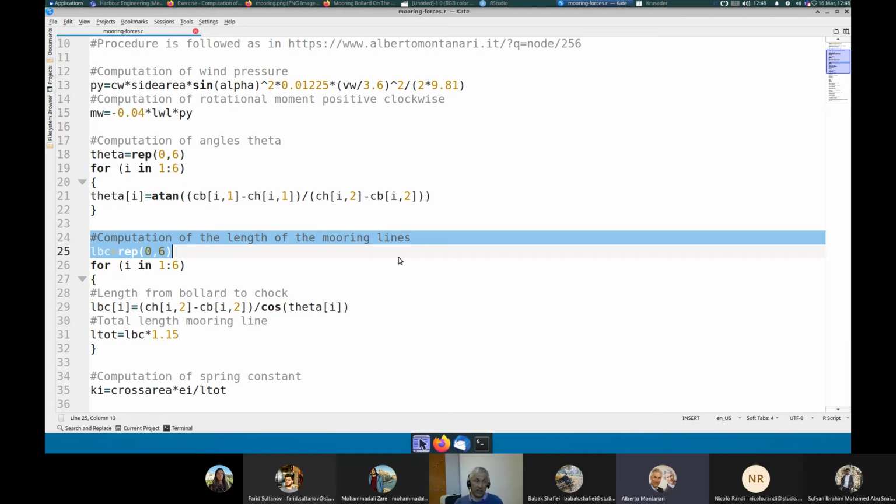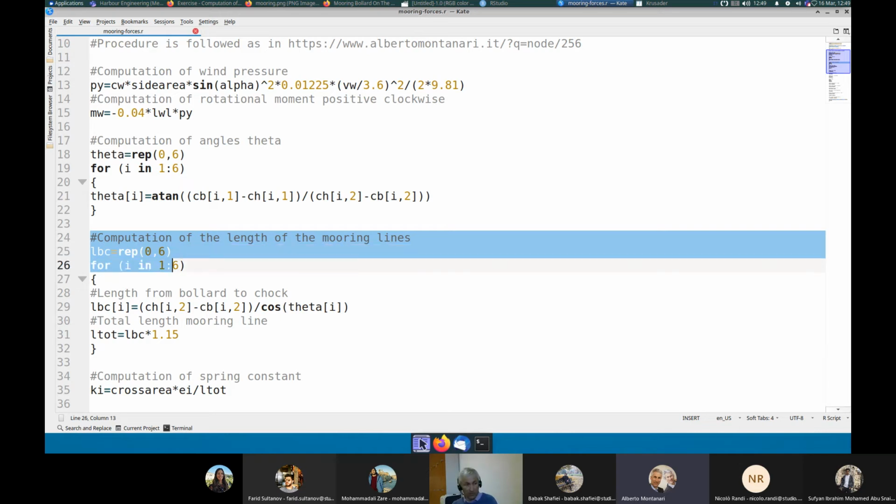And so first I define a length from bollard to chocks, and this variable is called LBC. I define this vector by filling it with zeros, and then I start a for cycle. I'm not sure if we talked the last time when I introduced R about the for cycles. And even if I already introduced them, let me spend a few words to make a recap.